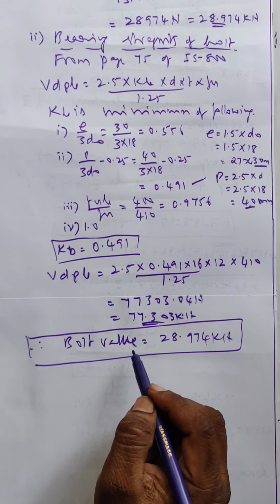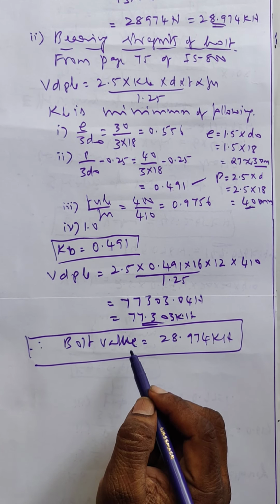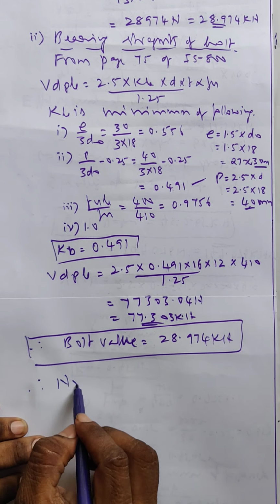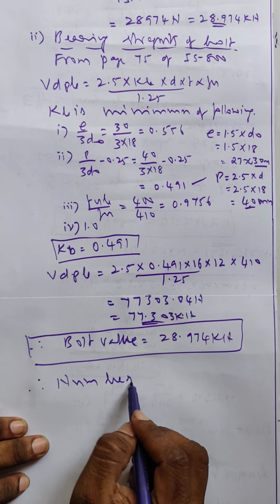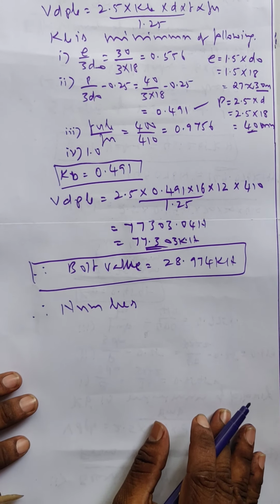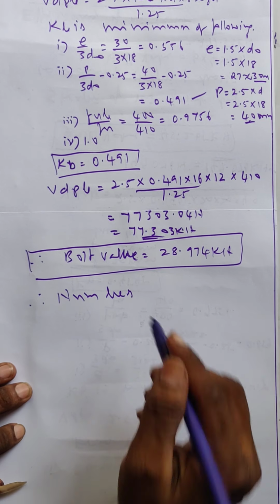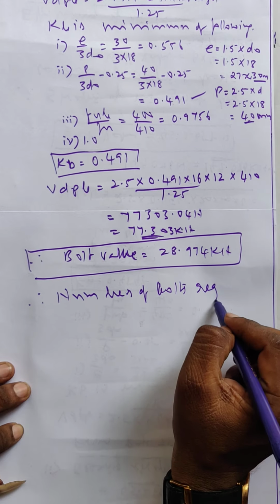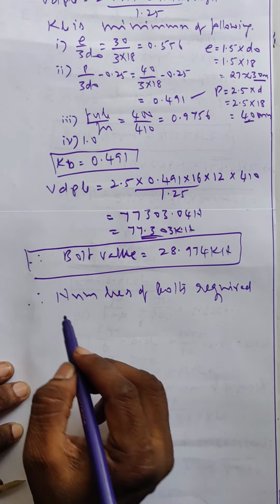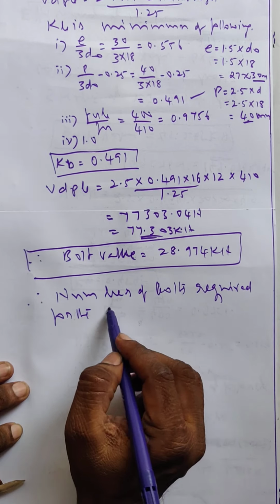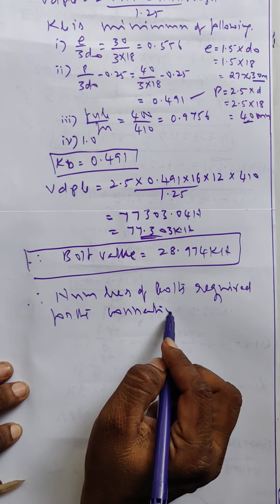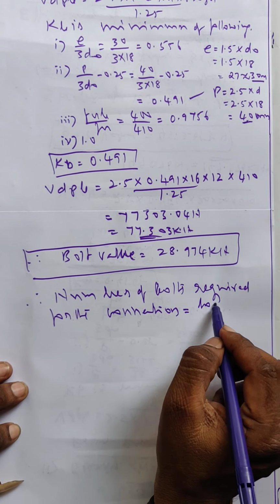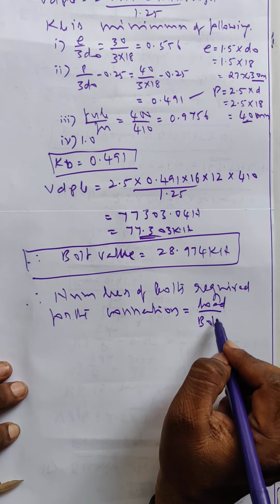Now after calculating the bolt value we can calculate the number of bolts required for the connection. Number of bolts required for the connection equals load divided by bolt value.